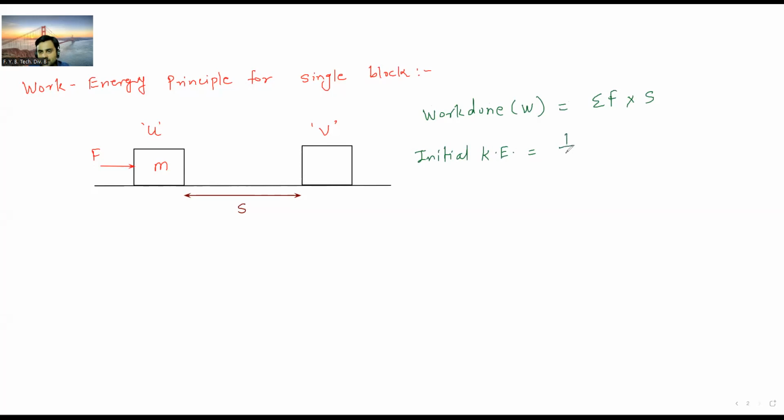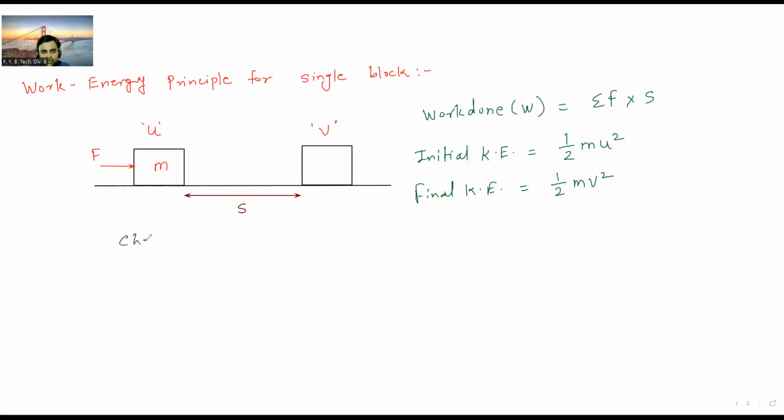So the initial kinetic energy will be half mu square. Then what is the final kinetic energy? For final kinetic energy, you should consider final velocity. So it is half mv square. Now this is the final kinetic energy, and this is the initial kinetic energy. So I can calculate change in kinetic energy.